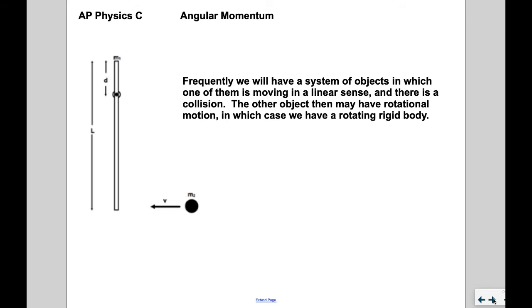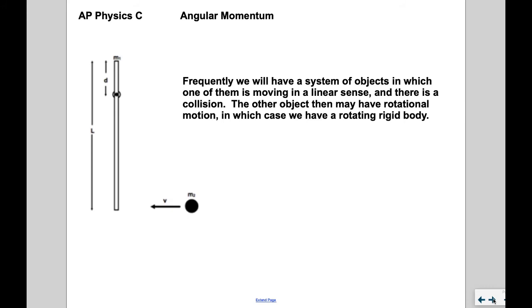Okay. Now, frequently what's going to happen here is that we'll have a system of objects in which one of them is a particle and has a linear velocity, and there's some sort of collision with an object that can rotate with respect to some fixed rotation axis.